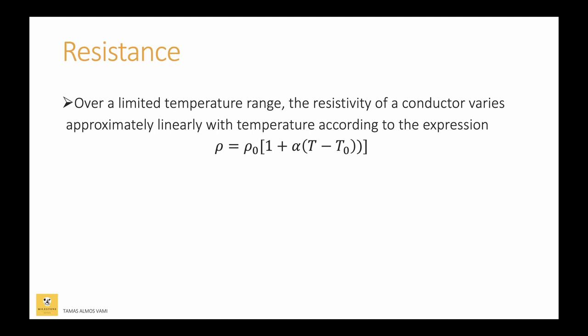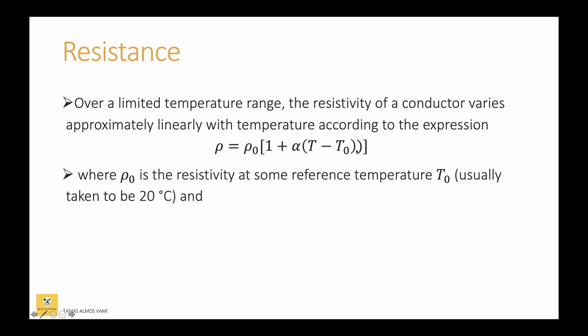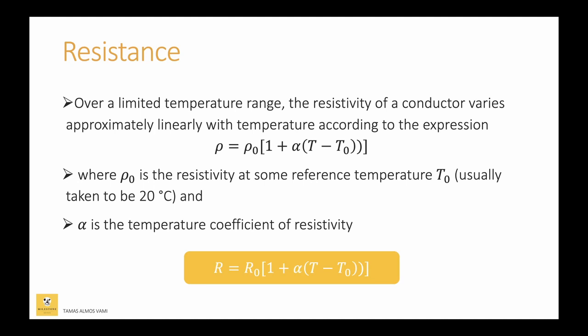In the first two terms of the Taylor expansion, you have the zeroth term, and then the first term, where you have some constant factor and the temperature minus the T0 temperature. We take this T0 usually to be 20 degrees Celsius, and we call rho zero the resistivity at that temperature. And so this alpha constant that I mentioned is the temperature coefficient of resistivity.